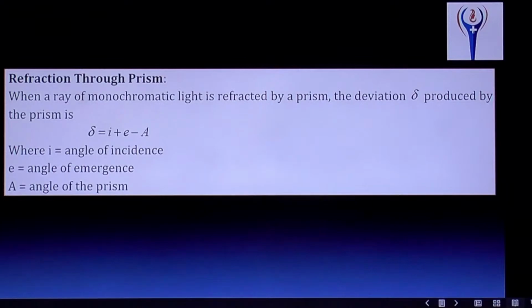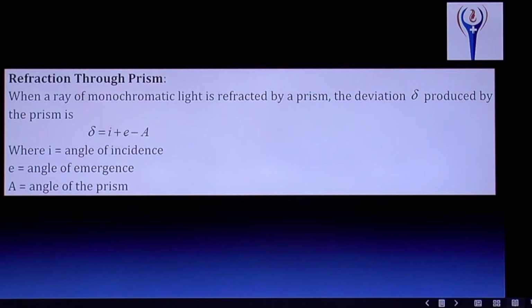And when light passes through a prism, when a ray of monochromatic light, what is monochromatic? Mono means single. Chromatic, chrome, means color.